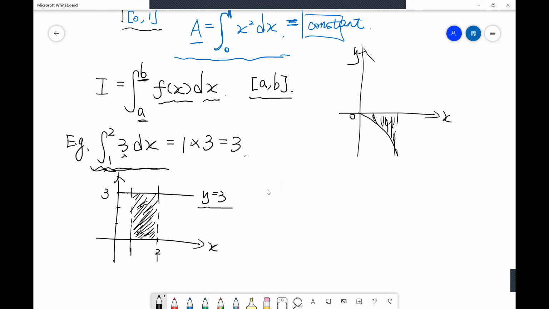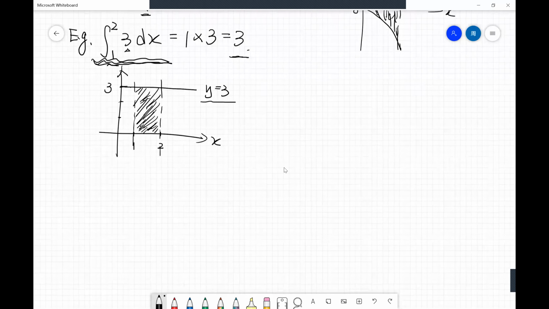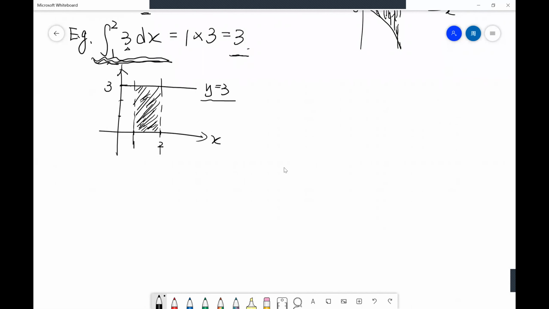And after next class, you will also use the formulas to calculate this integral, and you will find it actually equals 3 here. So here is the geometric meaning of the definite integral, and I think that is a quick way for us to solve it.